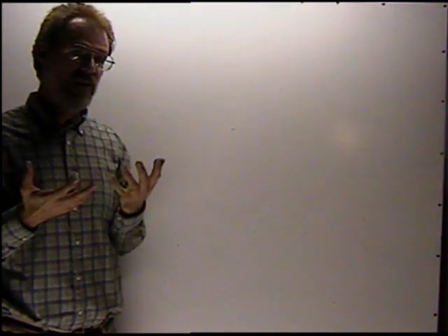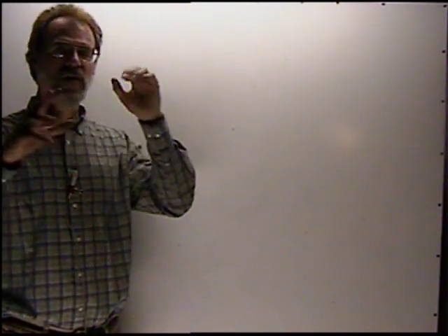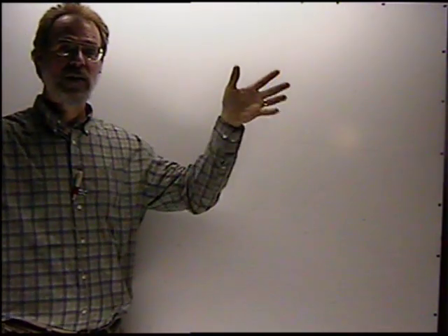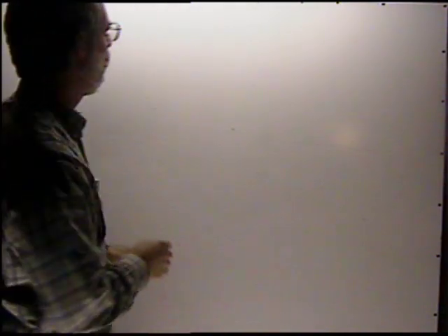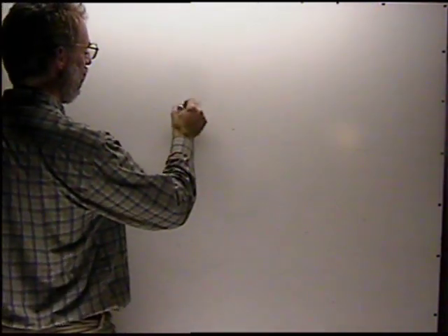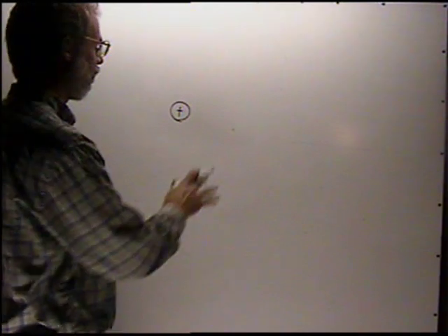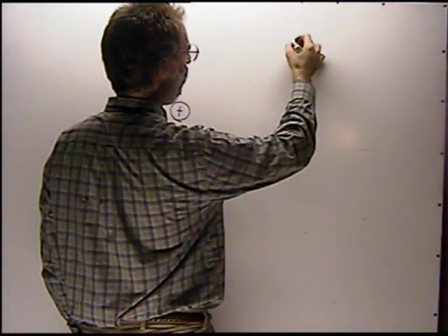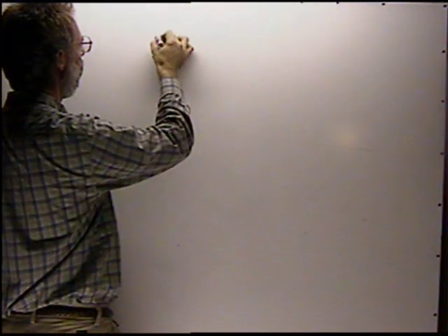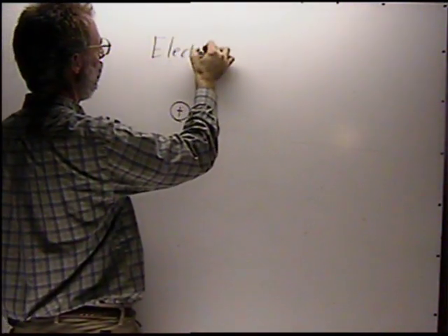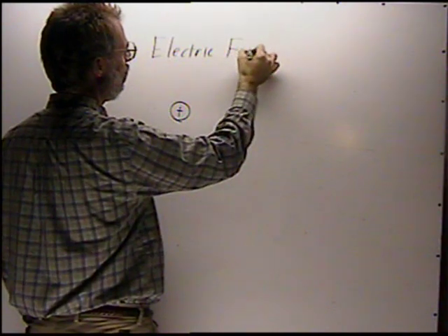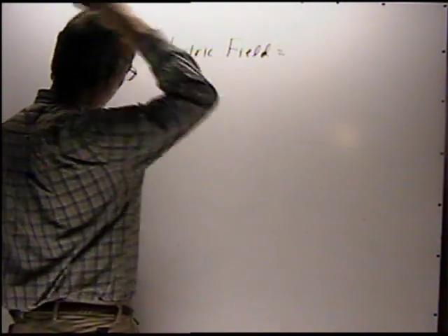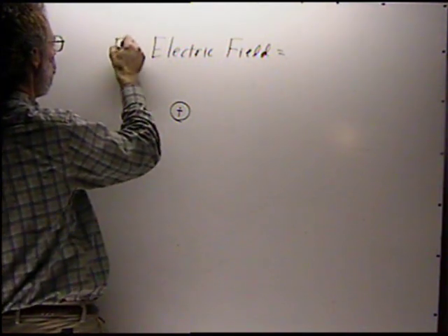Well, the same thing is true for charge. The field is a function of x, y, z all hovering around the charge that describes the force. For instance, if we have a plus charge right here, and this is right on page 439, we define the electric field as, we'll call it E, the electric field, and it is a vector.